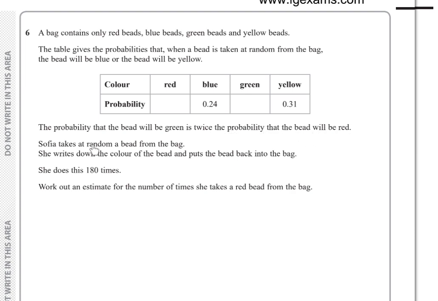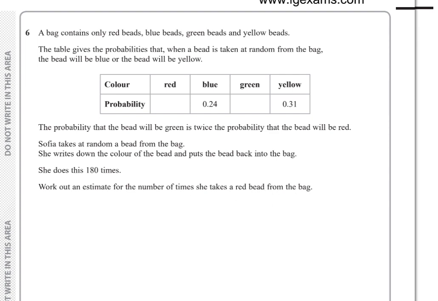Sophia takes at random a bead from the bag. She writes down the color of the bead and puts the bead back into the bag. She does this 180 times. Work out an estimate of the number of times she takes a red bead from the bag.